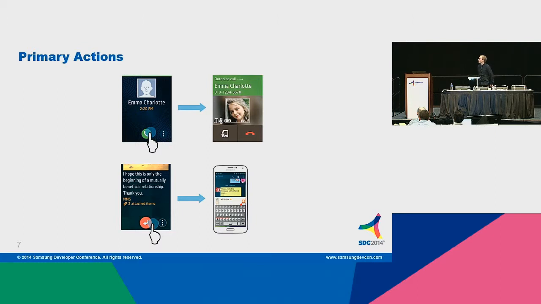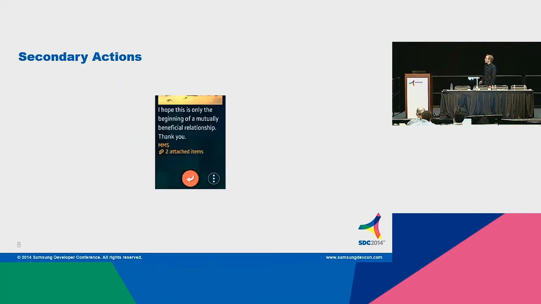So that's your primary action in that case. In the second example, we have some type of messaging notification, and the most common or most important action for that would be to be able to reply to that message. So when you create your rich notifications, think about which actions are the most important ones, choose one, and make that your primary action. The other ones, you'll be able to access in the secondary actions.